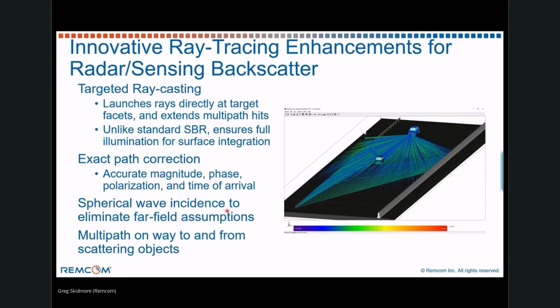That was where we started long ago. We were starting with things like far zone RCS, but we moved very quickly beyond that to spherical wave and diffracted wave. And basically we can capture the wave fronts and the phase shifts that we see from one side of a target to another. And that also is very important. So all of this comes together, combined with the multipath that we showed before, to give us an accurate estimate of what is scattering back.